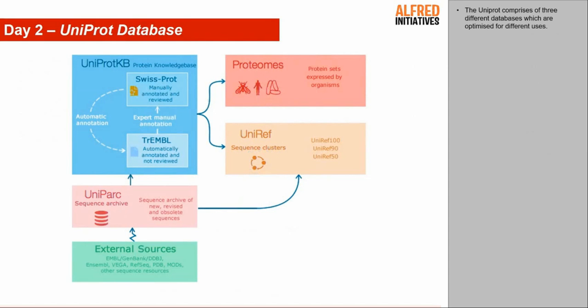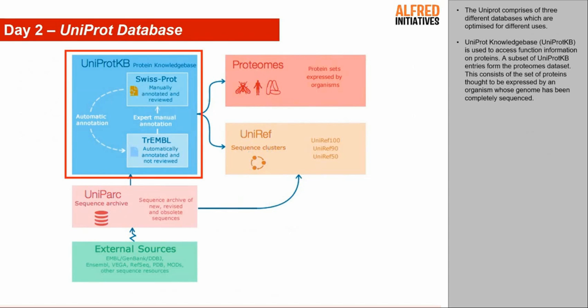UniProt comprises three different databases which are optimized for different users. The UniProt Knowledge Base, also known as UniProtKB, is used to access functional information on proteins. A subset of the UniProtKB entries form the proteomes dataset. This consists of the set of proteins thought to be expressed by an organism whose genome has been completely sequenced.